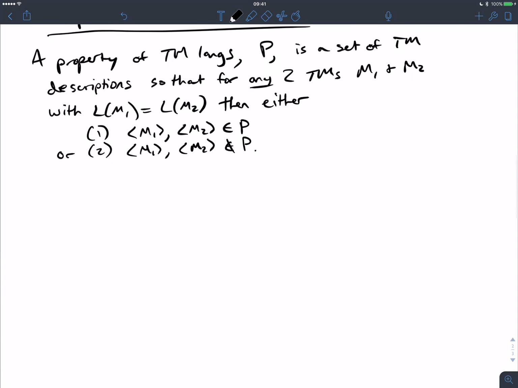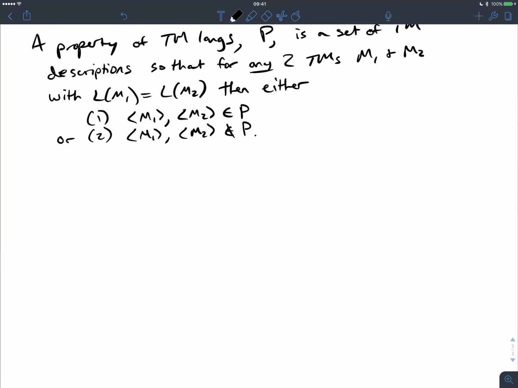All right. So now we need to be able to restrict the types of properties that we are going to be talking about. Because as I mentioned, if I talk about all Turing machines that have any language at all, that's decidable. So we need to be able to talk about what are called non-trivial properties. Okay?